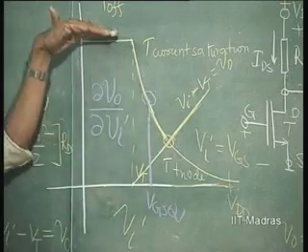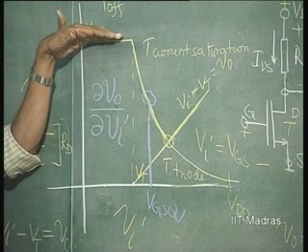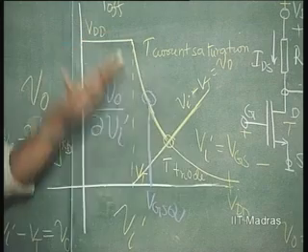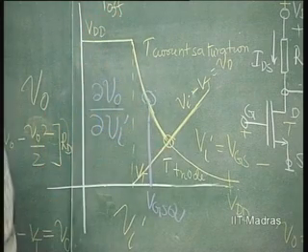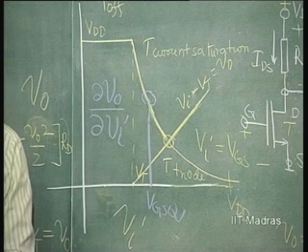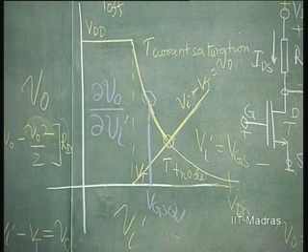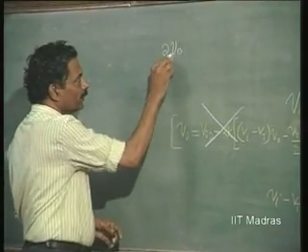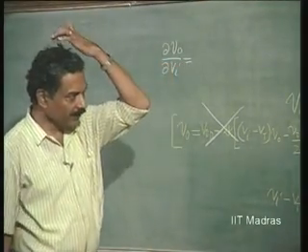The amplifier again goes to the limit here, where the FET is in off state. These are the two boundaries within which you have to operate the FET in order to keep it as an active device. So, let us now obtain delta V naught by delta Vi. Please differentiate that, what do you get?